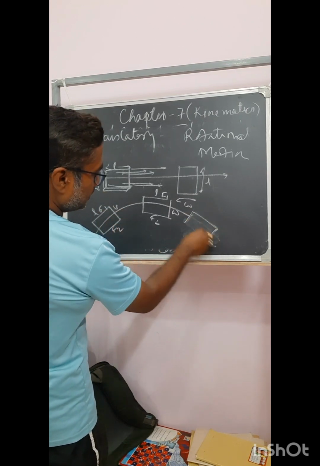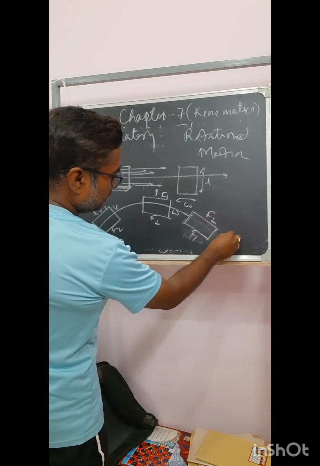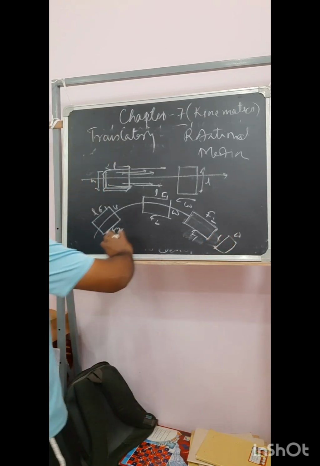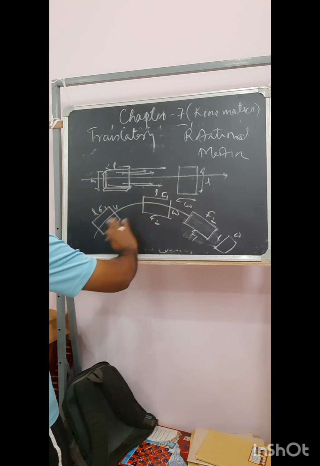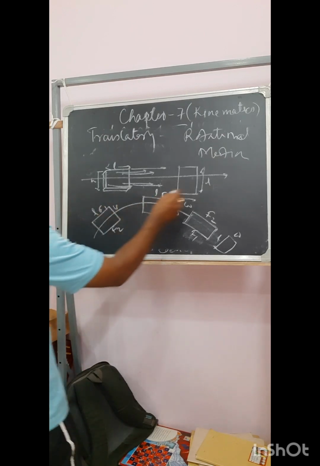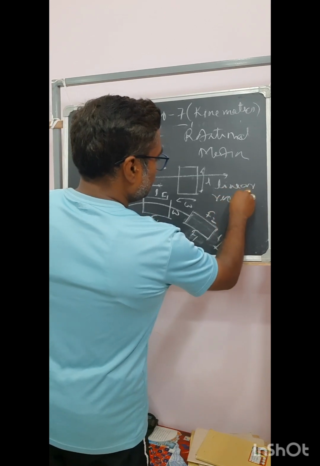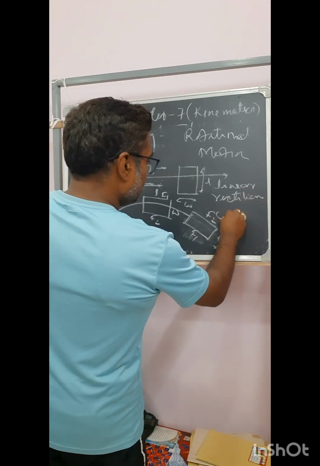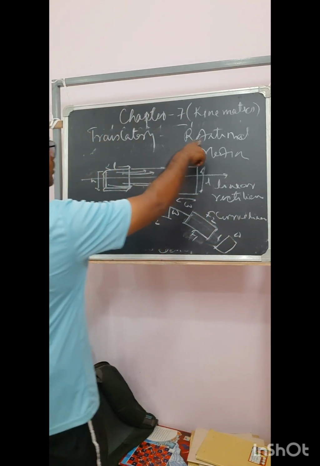It will not happen that phase 2 comes here and phase 1 there. The orientation is not changing, so this comes under translatory motion. This is your linear or rectilinear, and this is curvilinear. So these are the two kinds of translation.